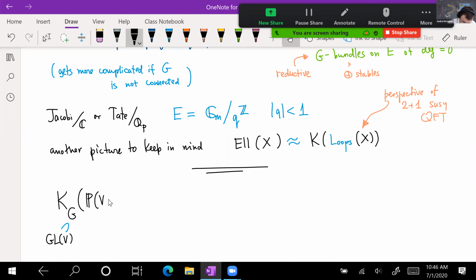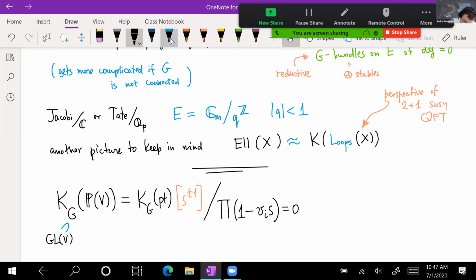We take the projective space of V, and the equivariant K-theory is the same as K_G of a point, adjoin one variable S, and mod out by the relation that the product of (1 - e_i S) equals 0, where these are the Chern roots of V. This relation really means that the sum over i of (-S)^i times the i-th exterior power of V equals 0.